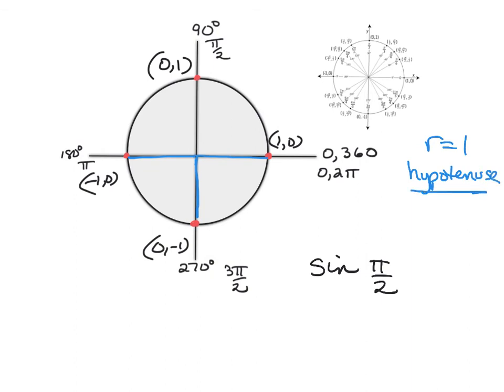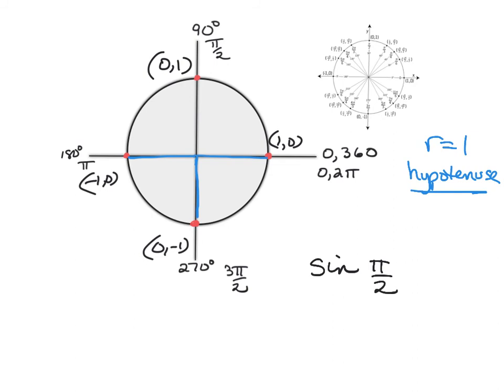If you recall back when we did it before, it was always either the 2 or the root 2. Now my hypotenuse for the unit circle is always going to equal 1. So my r value is always 1 when I'm referring to the unit circle.